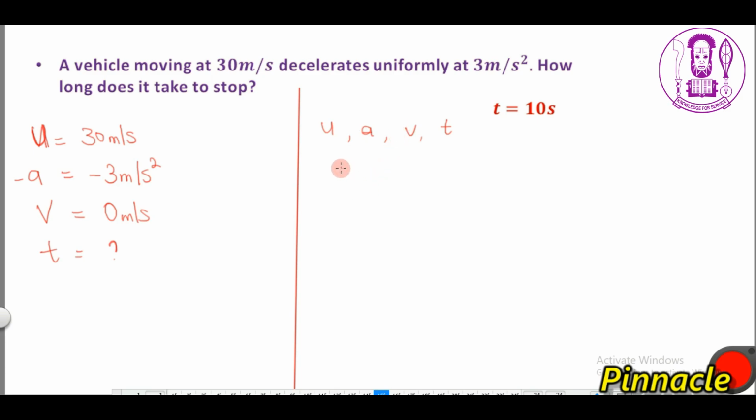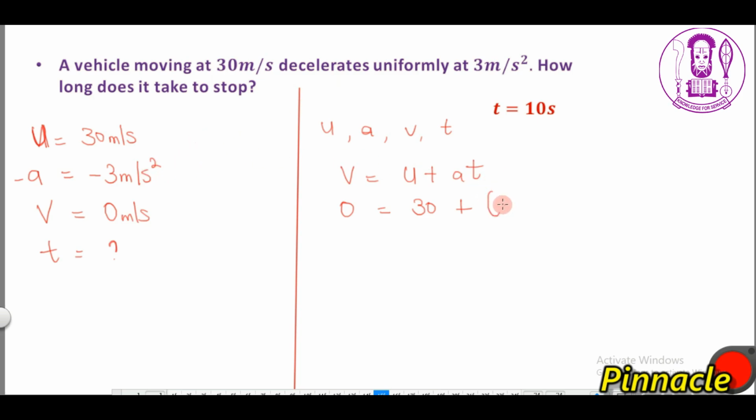The first equation of motion is v is equal to u plus at. My v, my final velocity, is 0. So 0 is equal to my initial velocity, 30 meters per second, plus my acceleration, which is minus 3 because the car decelerates, so negative acceleration.